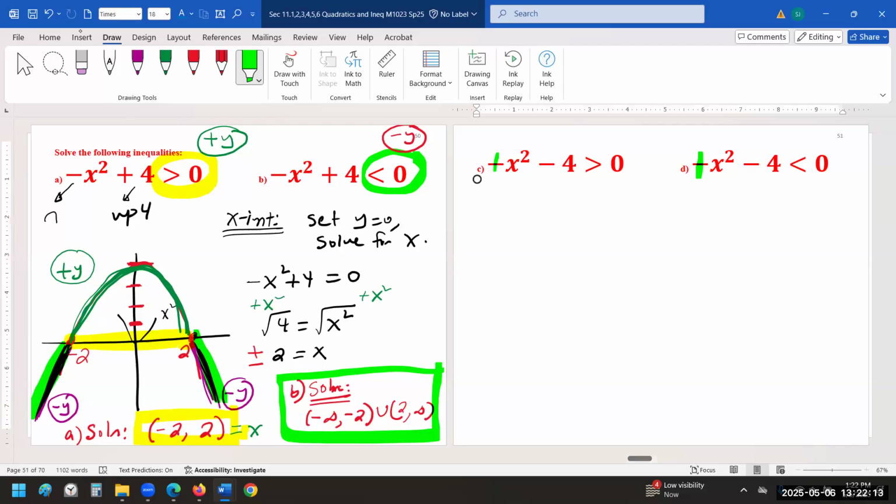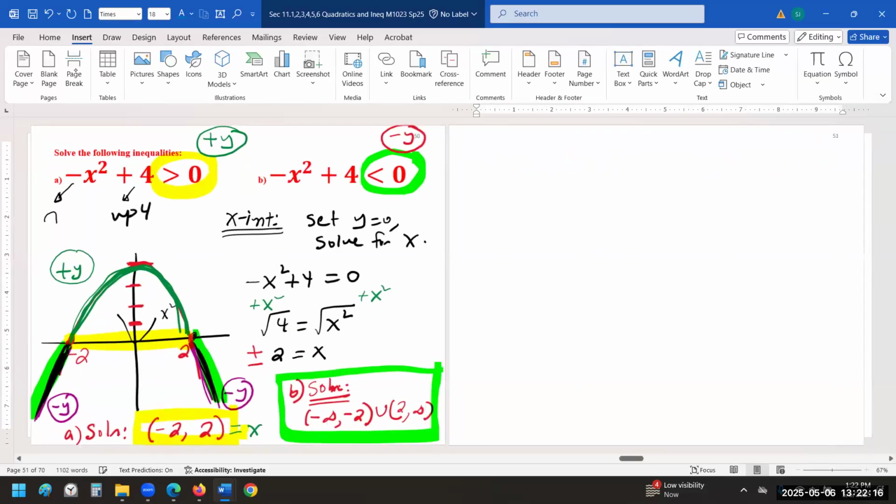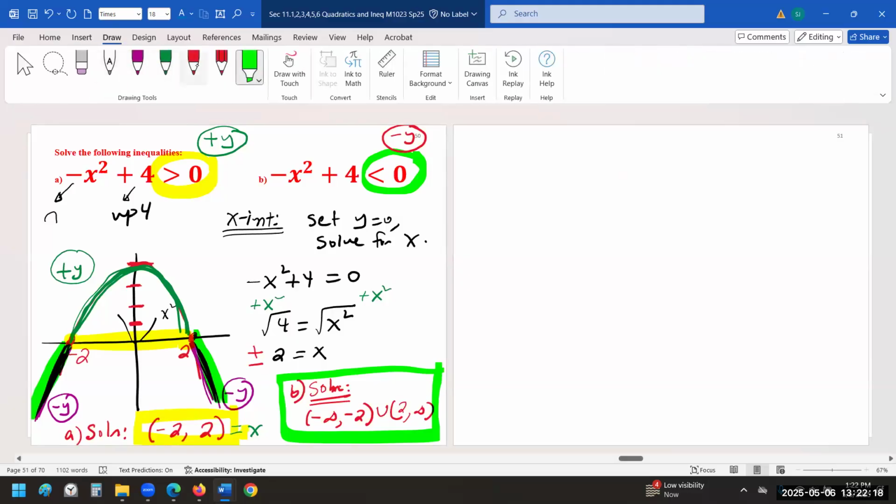Let me do it. Let's see: x squared plus 4 bigger than or equal to 0, and x squared minus 4 less than or equal to 0.